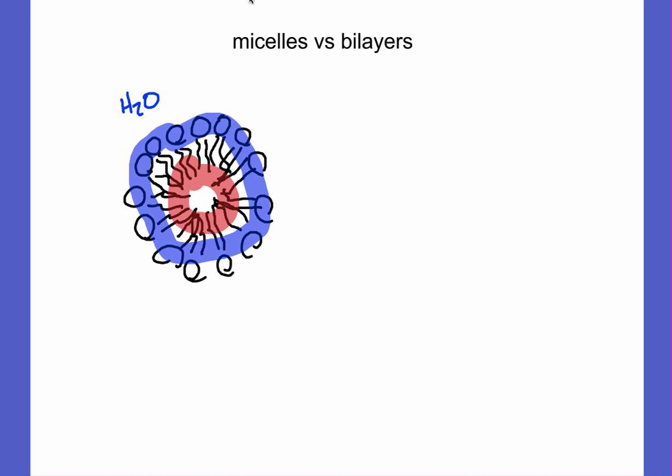That means that they're scared of water, essentially. So they stay in the middle while the polar head groups stay on the outside. And this is automatic because polar goes with polar and non-polar goes with other non-polar. Polar and non-polar don't mix very well. So this is an automatic structure that forms when you throw phospholipids into water.